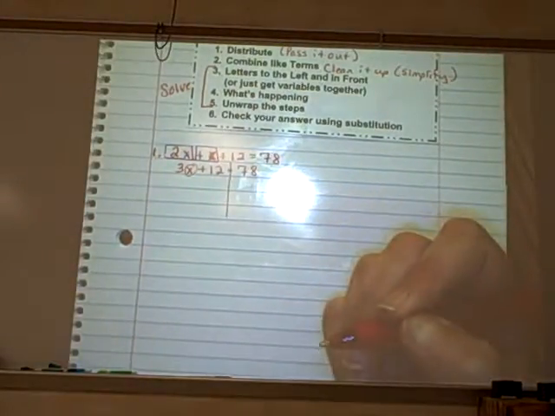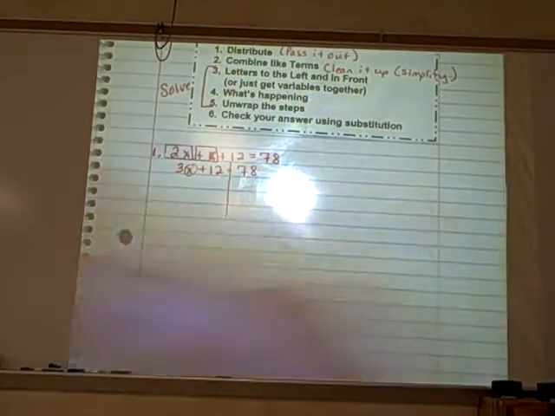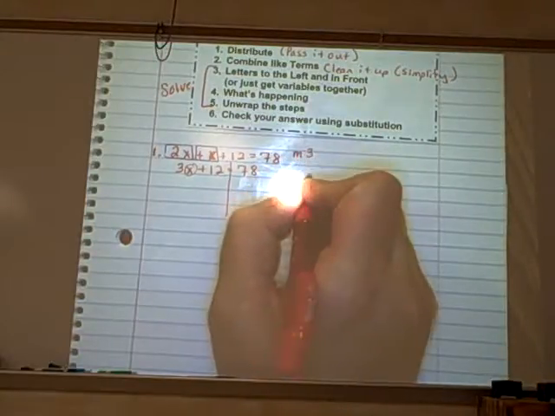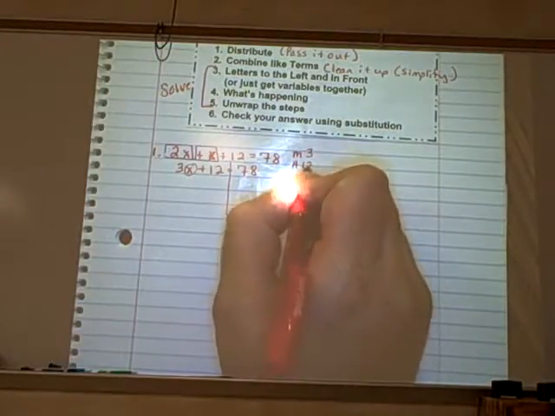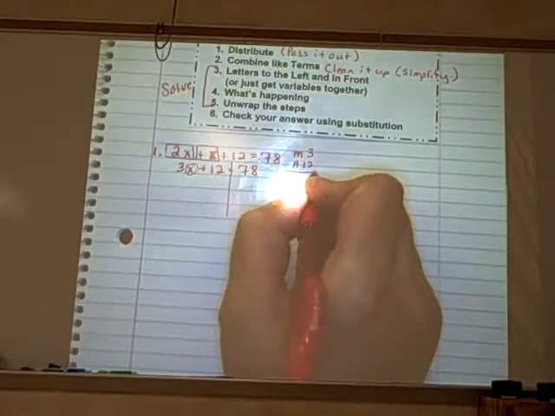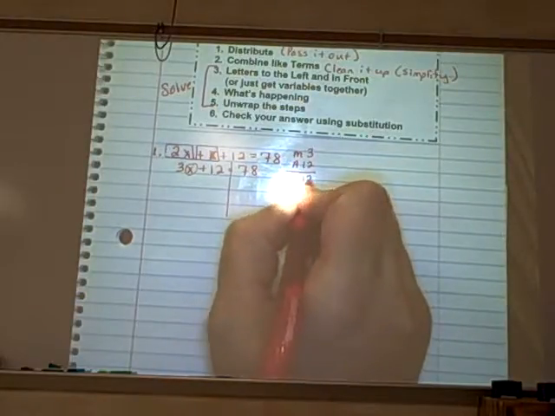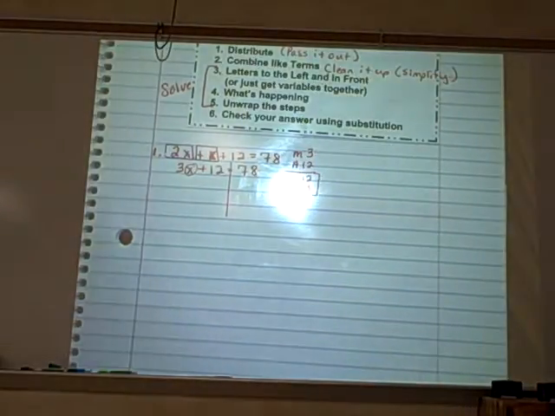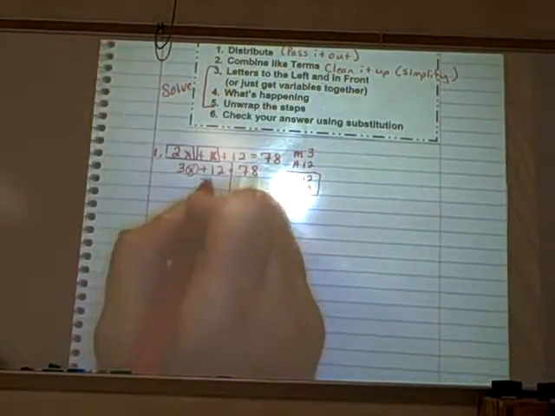Okay, so what we would do last time is we would circle the letter, we drew the line down. You don't have to write all these steps, but I'm going to kind of walk you through it. What's happening to the letter up there? Multiplied. And what else? Add by 12. So in order to unwrap that, what were we going to do? Subtract by 12 and divide by 3. So let's do that. Subtract your 12.